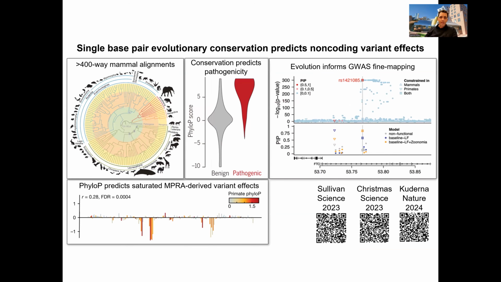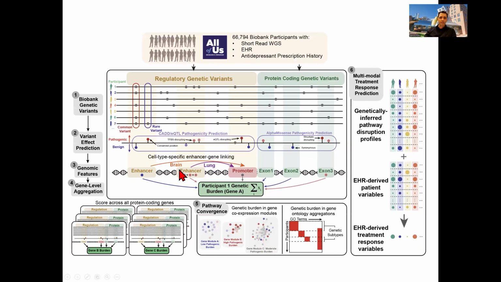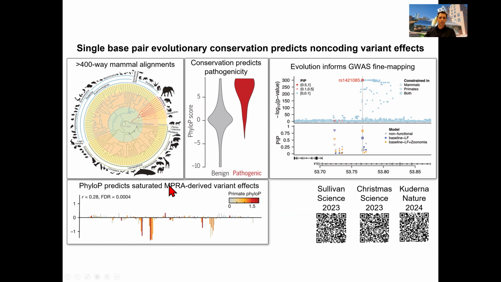And you can compare this with saturation mutagenesis using these massively parallel reporter assays that I'll talk about in a second. Okay? So you can basically do experiments that allow you to test every single substitution, and then you can measure conservation and see how that relates to each other.